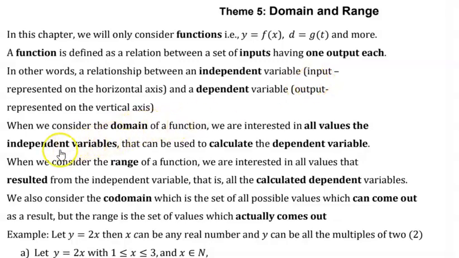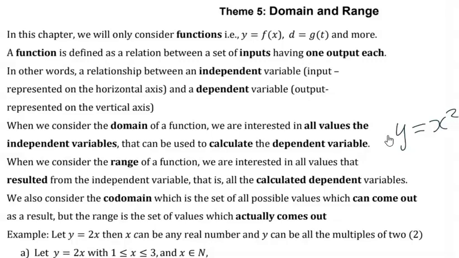For each function, we consider the domain of the function, and for the domain we are interested in all the values of the independent variable that can be used to calculate the dependent variable. If you look, for instance, at the function y equal to x squared, for which values can you calculate y equal to x squared?